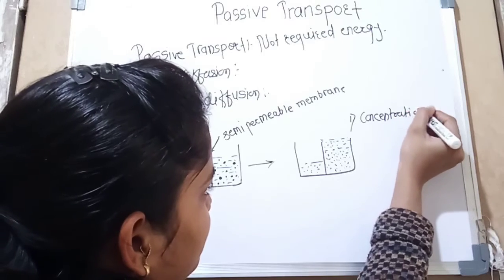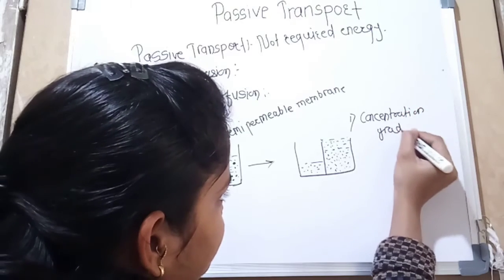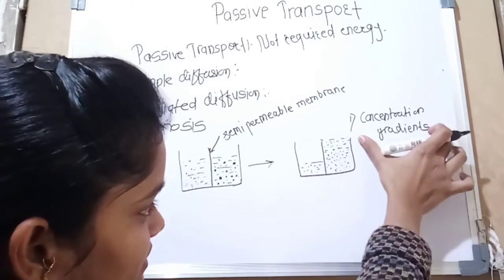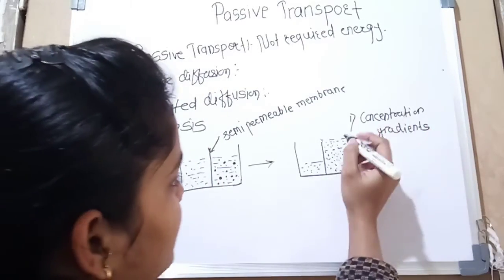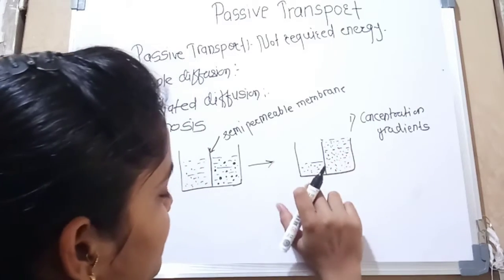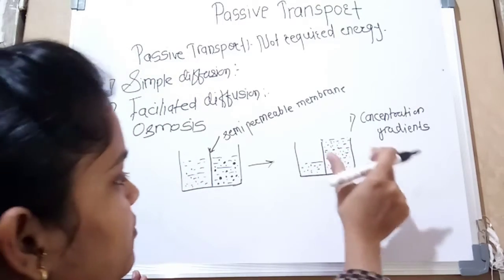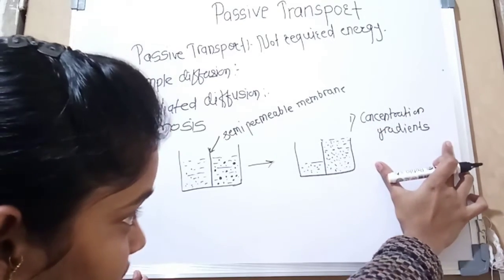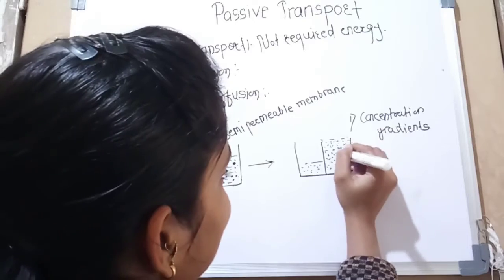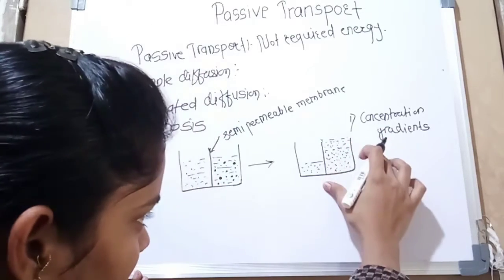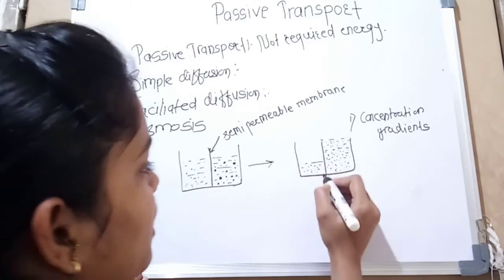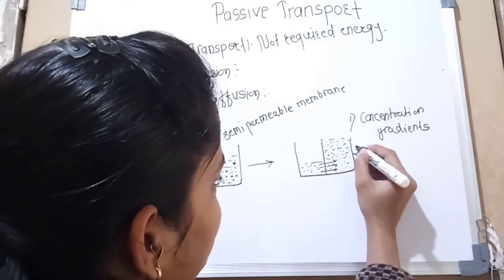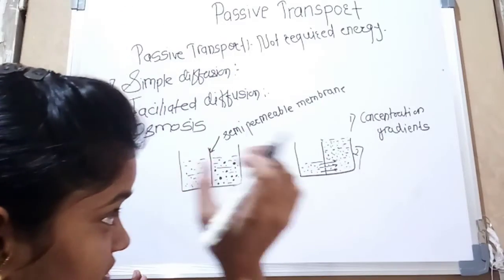Concentration gradient means the movement of water depends on it. If we increase the solute particles, the water moves faster. If we increase the solute particles on that side, it has an impact on moving the water faster. That is the impact of the concentration gradient.